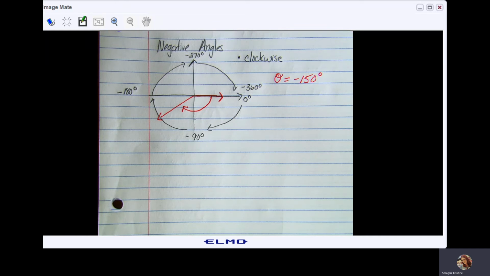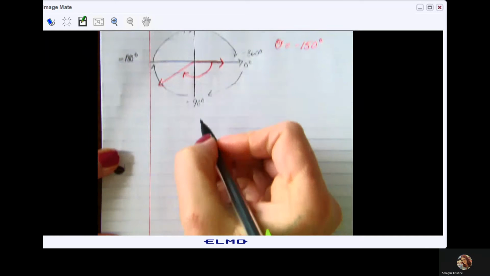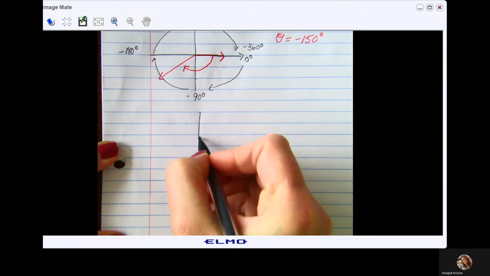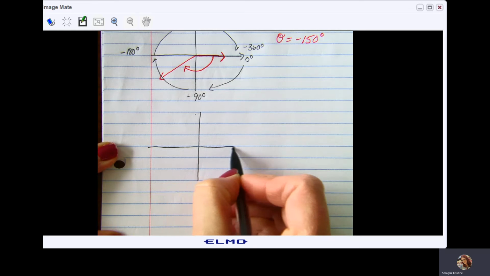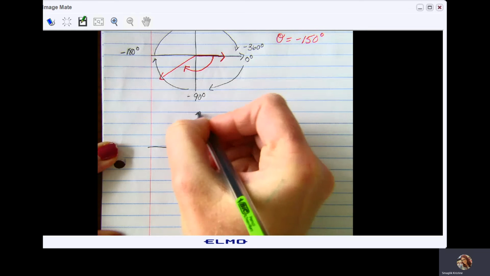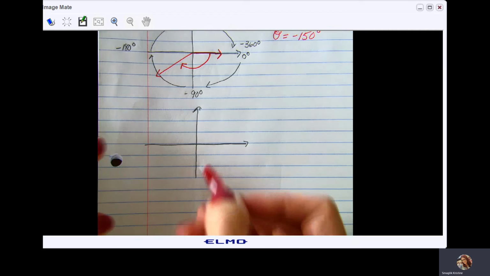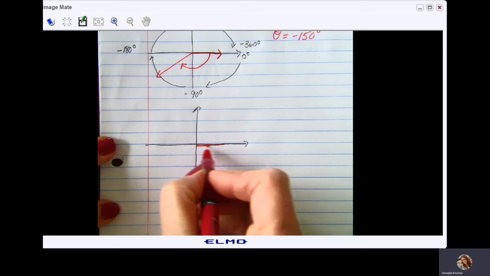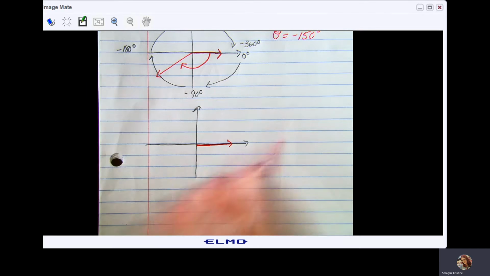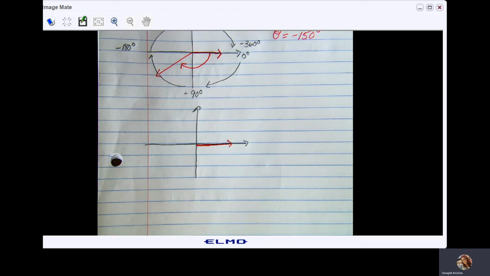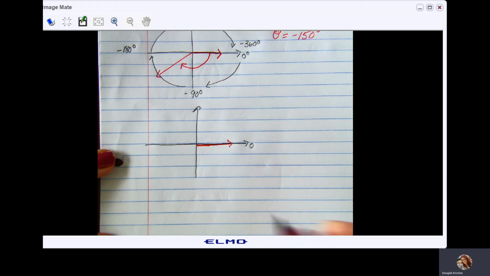Let's go ahead and do one in radians. I'm just going to draw my x and y axis, and my initial side of my angle. And so now in radians, here I'm at 0 radians.